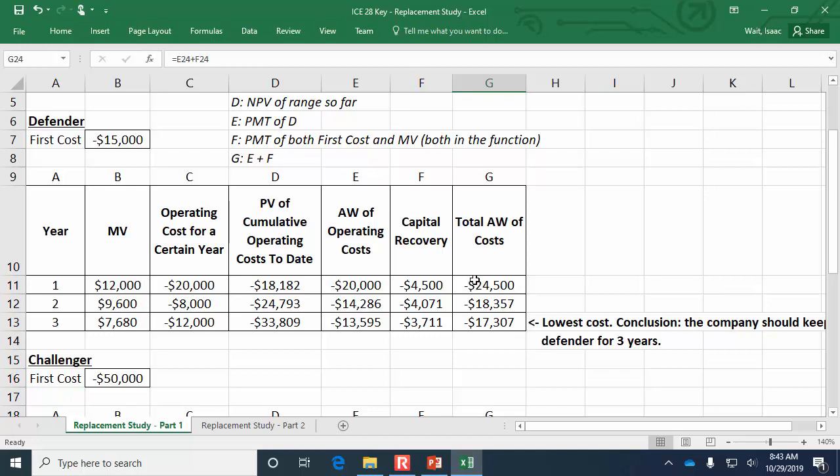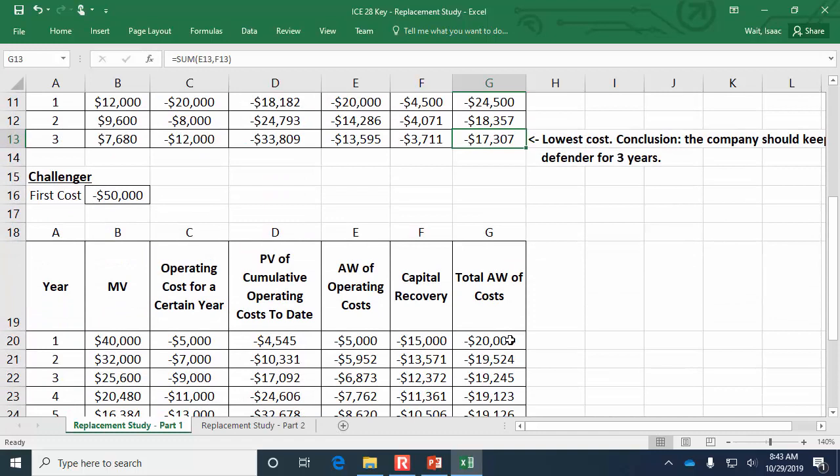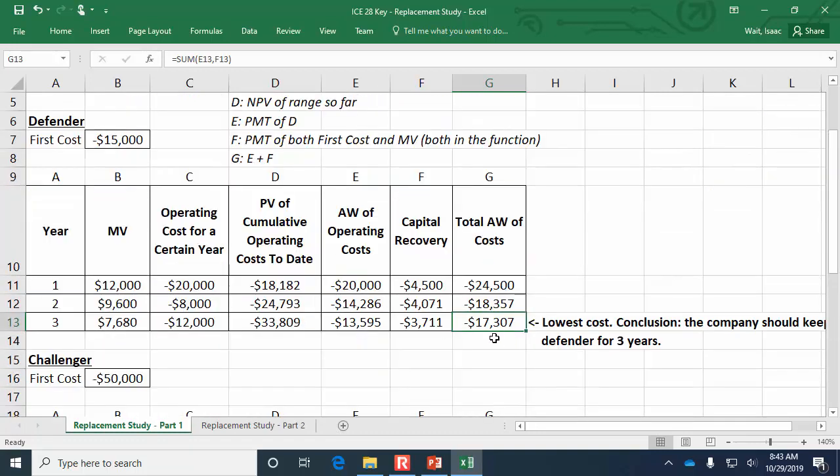So if you own the Defender for 3 years, that's going to have the lowest cost of operation. So you'd say, all right, we're planning on owning the Defender for 3 years. Next year we're going to double check and make sure that maybe the data hasn't changed. But as long as you revisit that analysis each year, then as things stand right now, it looks like owning the Defender for 3 years is going to minimize our costs.